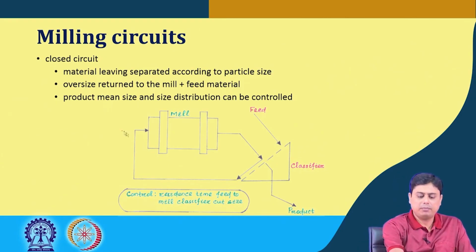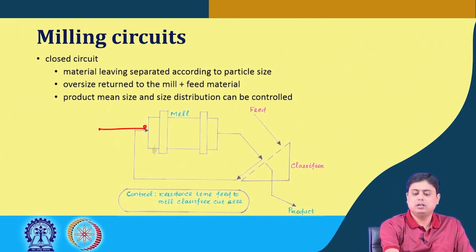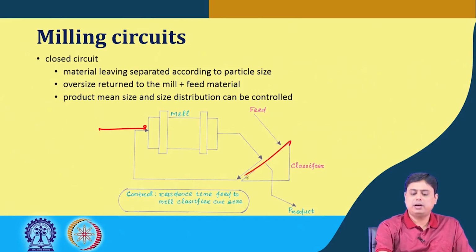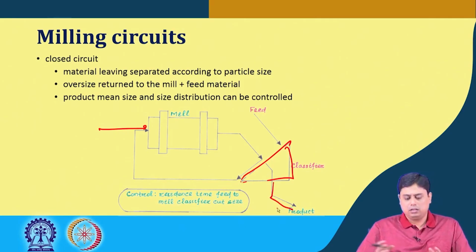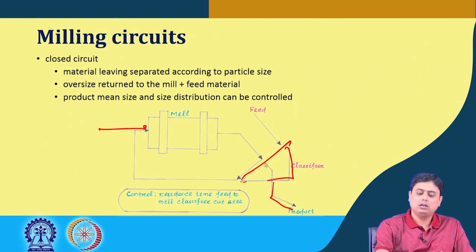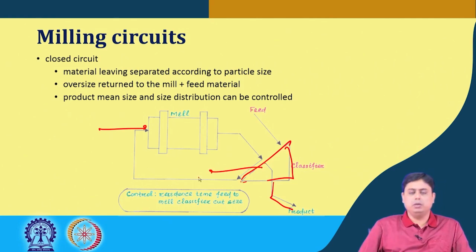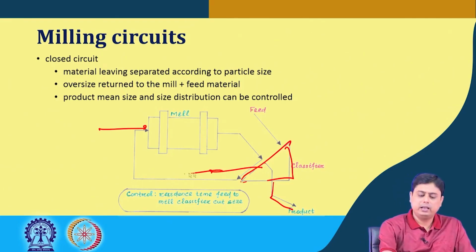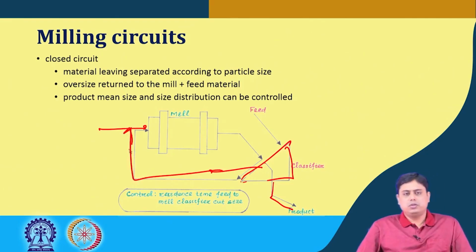So, here what happens? The feed comes in, it goes to the mill, and the product is separated in a separator or a classifier, where we receive the final product, which is the finer particles. If those are not suitable, the bigger or oversized particles are fed back, mixed with the feed, and go into the operation.